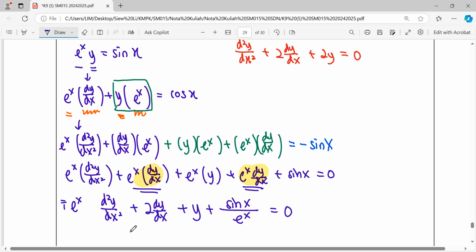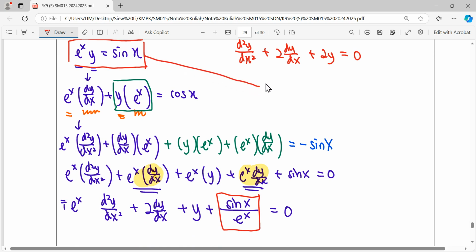So we are getting closer to the equation we need to show, just that we have sin x over e^x. You can observe here, we need to express this sin x over e^x in terms of y. So we look back at our question here. The original equation: sin x over e^x equals y.